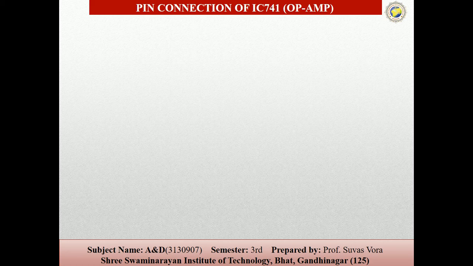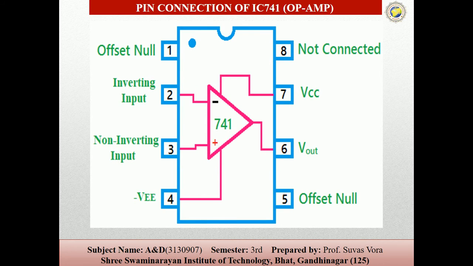The IC versions of the op-amp were introduced between 1964 and 1968. You can see the symbol and the pin connections here. We know this type of symbol of the op-amp, and these are the whole pin configurations. Always keep the cap on our side, and from here it is pin number 1.